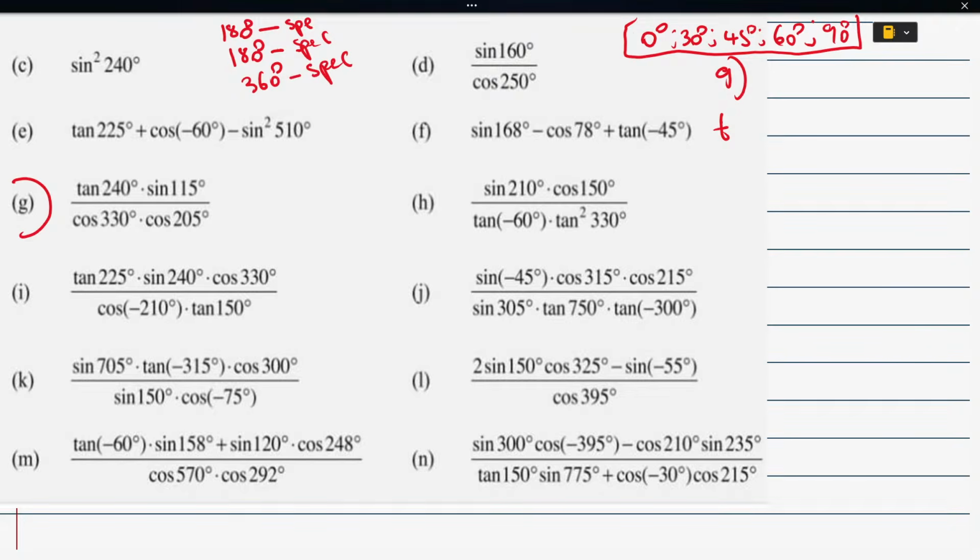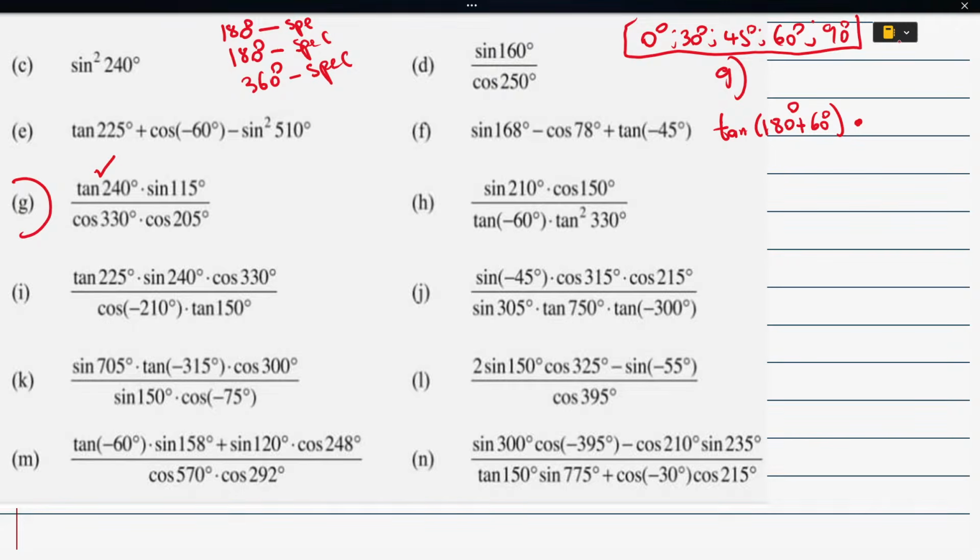This is the combination that you must always use. Tan 240, what can I use on tan 240, learners? I can use tan of 180 degrees plus 60. This is what I can use in order for me to get tan 240.